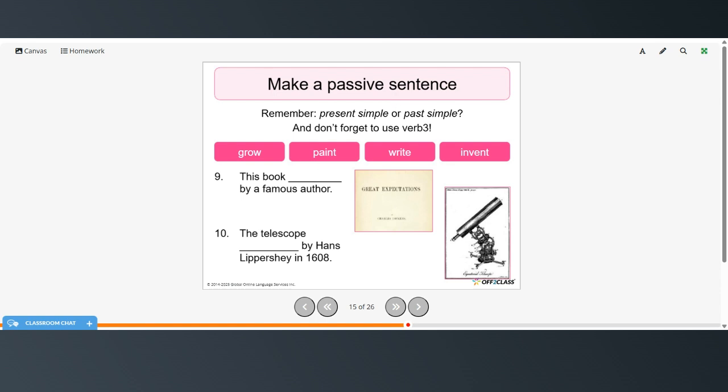Again, you can pause the video, try these on your own, and then restart when you're ready to check your answers. Okay, the book was written by a famous author. The telescope was invented by Hans Lippershey in 1608.